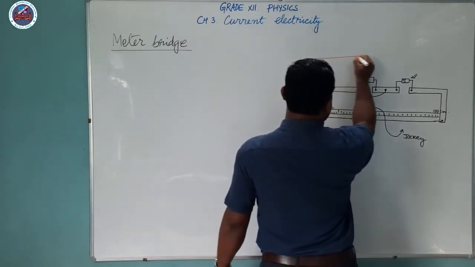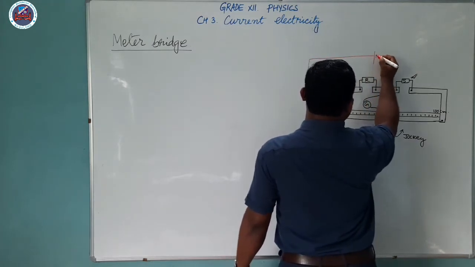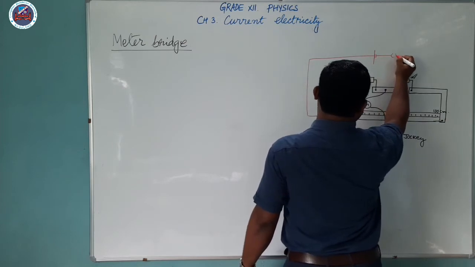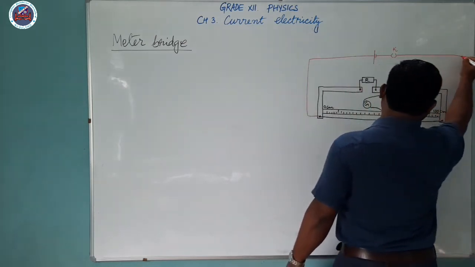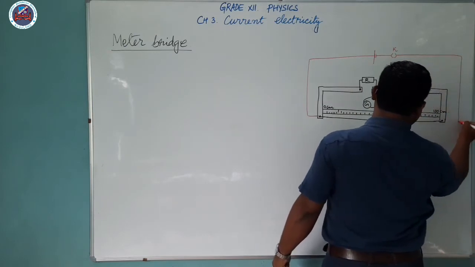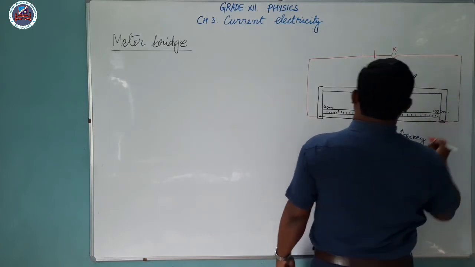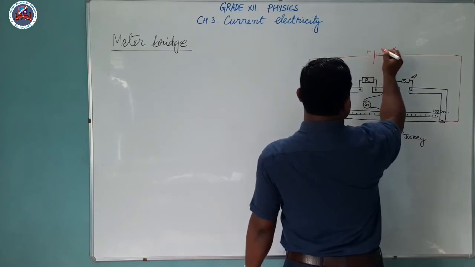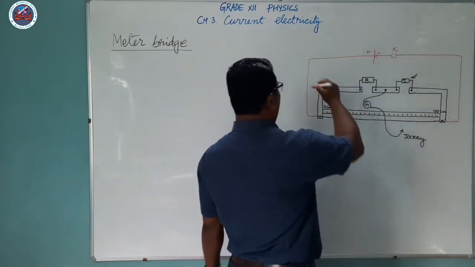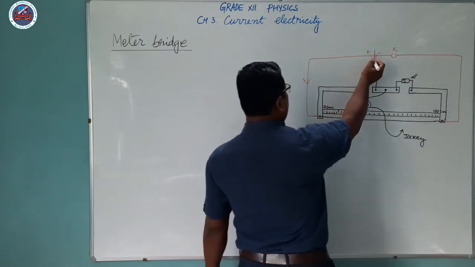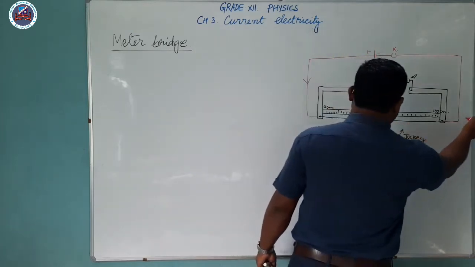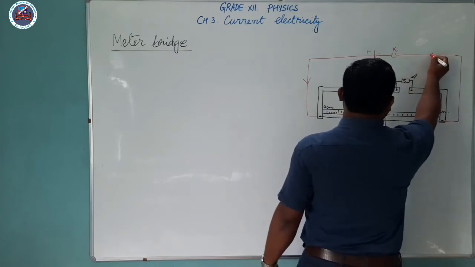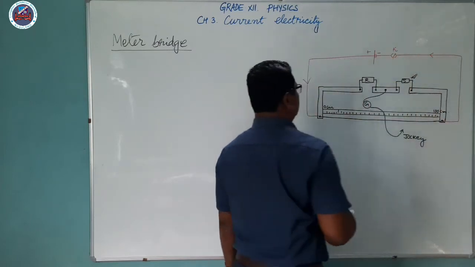An auxiliary circuit will be drawn: 1 cell or a battery you will take, then 1 key, and connect at these 2 ends. When current flows through the cell, it comes here in the anti-clockwise direction as soon as you close the switch.